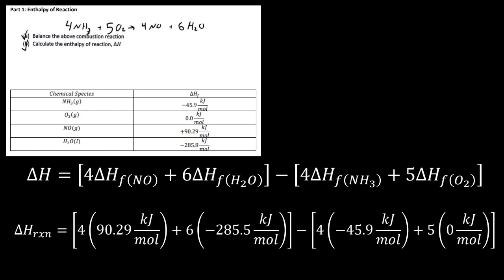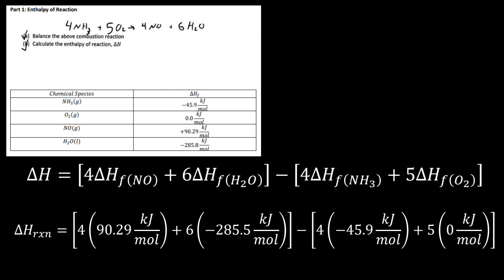If one of our reactants is ammonia and its coefficient is 4, we need 4 times its enthalpy of formation. And then if we have any more reactants, in this case O2, our balanced chemical equation says we have 5 molecules of O2 for every 1 time this chemical reaction occurs. So 5 times the enthalpy of formation for O2.